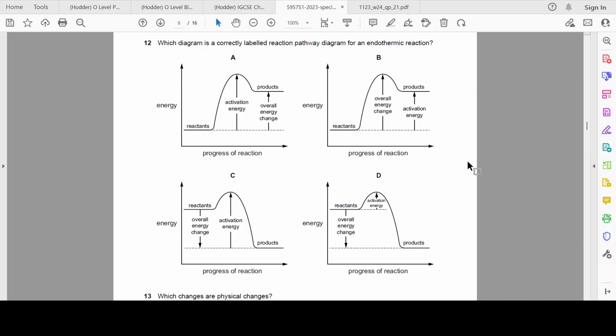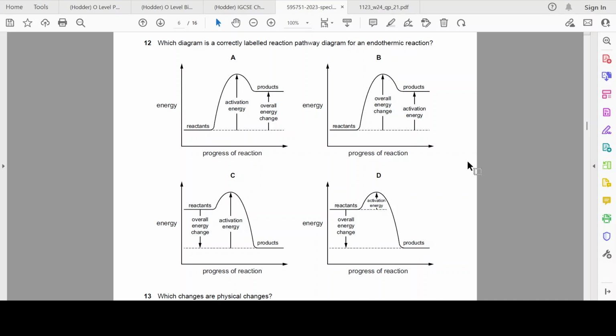The key is endothermic, which means that it takes in the heat. It takes in energy. Energy is used up. That would mean that the energy level of the products is higher or lower than the reactants? It would be higher, right?